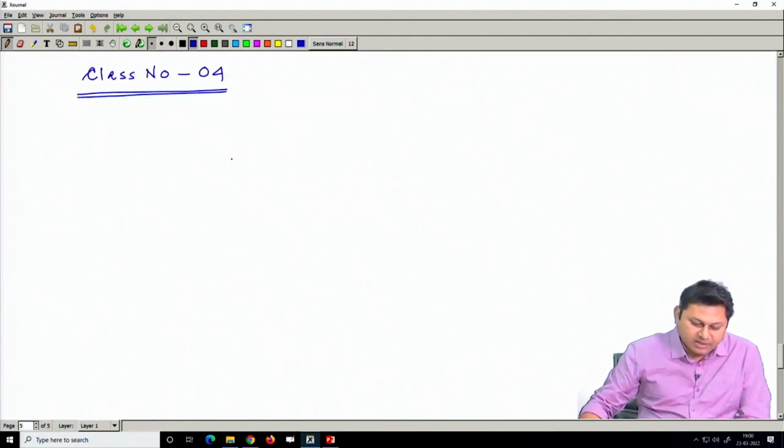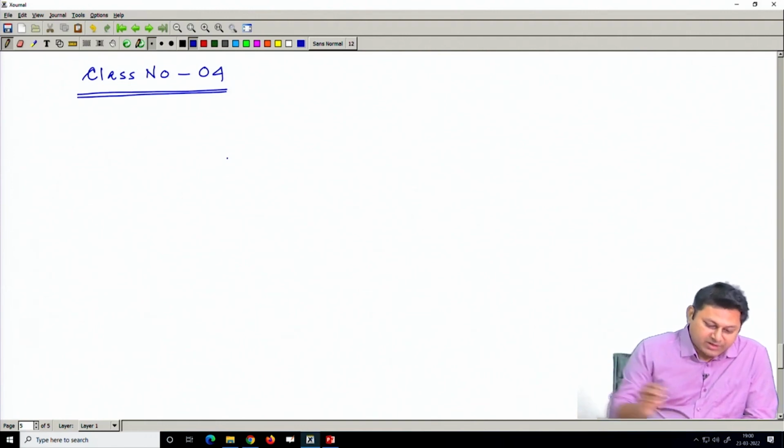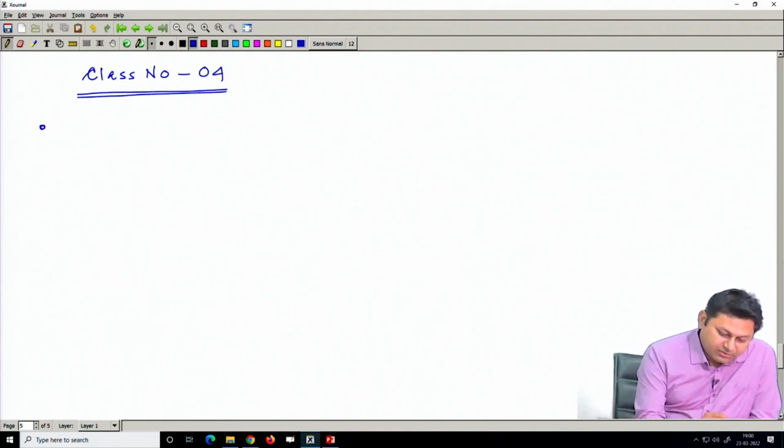So, in the previous class, if you remember, we started the coordinate system and compared two coordinate systems. One is the Cartesian coordinate system and another is the cylindrical coordinate system, and we tried to understand how x, y, z and rho, phi, z are related. So, today we will try to find out the relationship between the unit vectors.